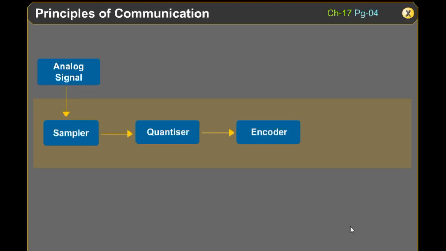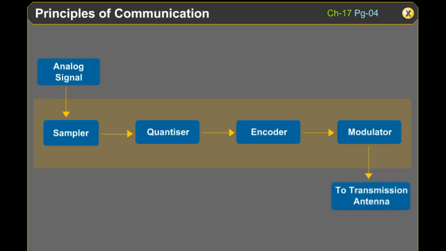The encoder codes the quantized pulse according to the binary code. The pulse code modulated signals are then modulated by amplitude shift keying, frequency shift keying or phase shift keying, and finally transmitted into free space.